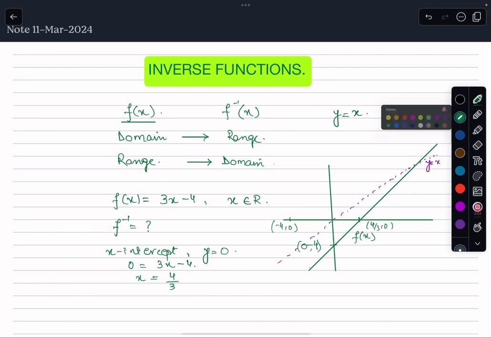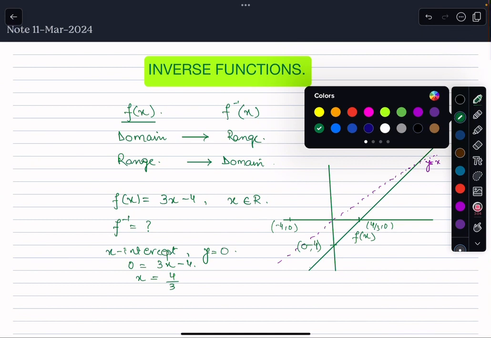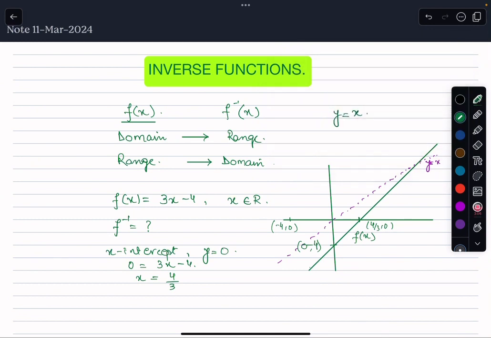So that means if I now make the inverse of the function, then for the inverse of the function I can say that my inverse function f inverse shall be going in this direction, so that I can just reflect it in the line.